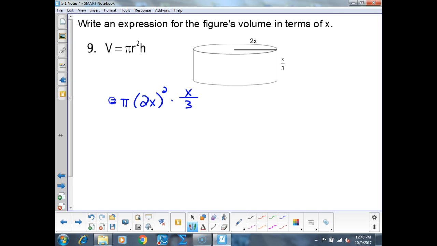So that would become pi times 4x squared times x over 3. So that gives me a volume of 4 pi x cubed over 3. Did not have a label.